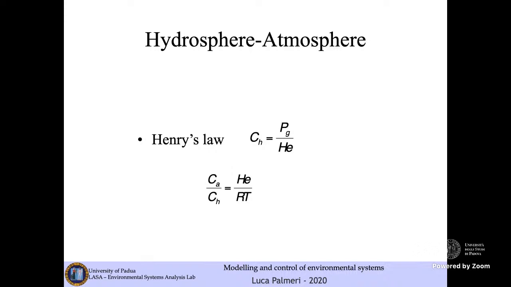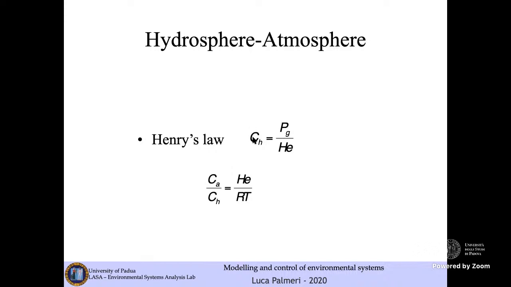Henry's law tells us that the concentration in the liquid phase is equal to the partial pressure in the gaseous phase of the substance divided by the Henry constant. So here we have a first model of interaction between hydrosphere and atmosphere, in which we have two parameters describing the condition in the two spheres.